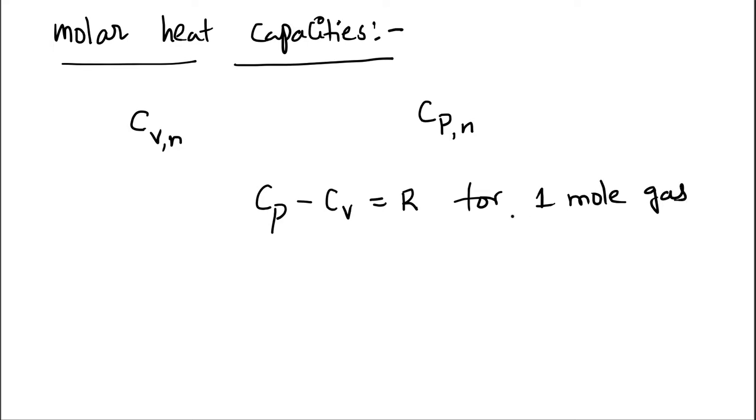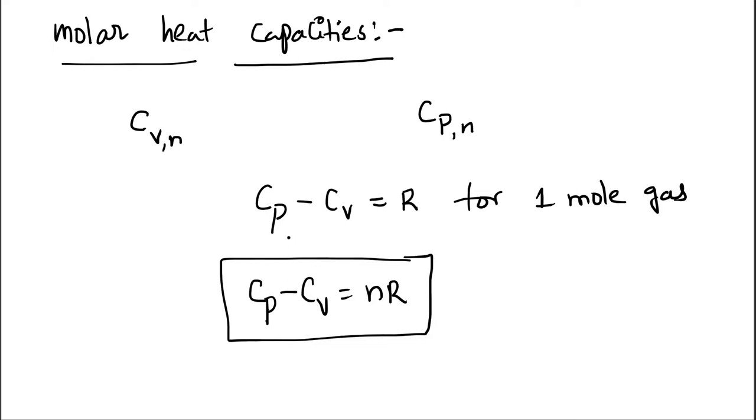That means molar heat capacity of gas at constant pressure minus molar heat capacity at constant volume is equal to R. For n number of moles, we have simple Cp and Cv, not the molar heat capacities. Then Cp minus Cv we get nR.